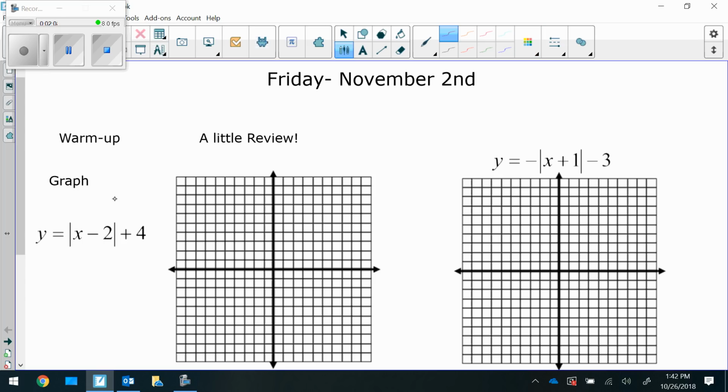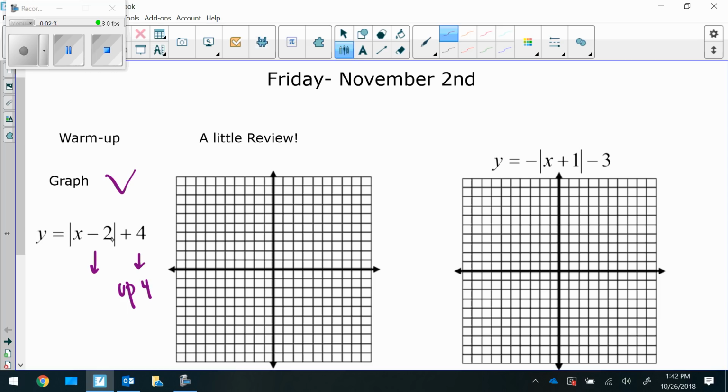Now, an absolute value, if we remember, was a V shape. And from back in Unit 1, so it's been a little bit of time, we learned that these two numbers in this first example kind of move things around on us. The 4 at the end is going to move the equation up 4. And in the absolute value, things work differently than what you would think.